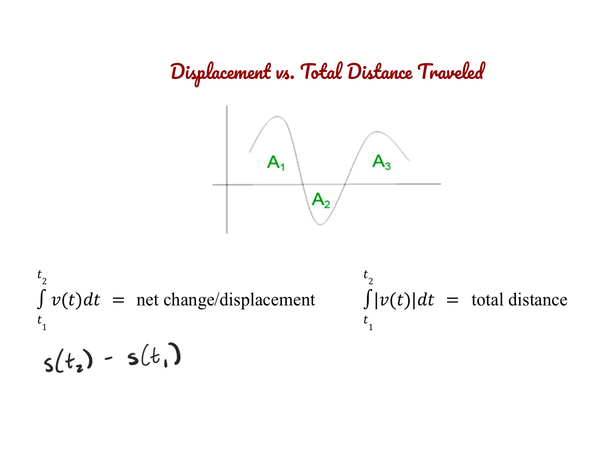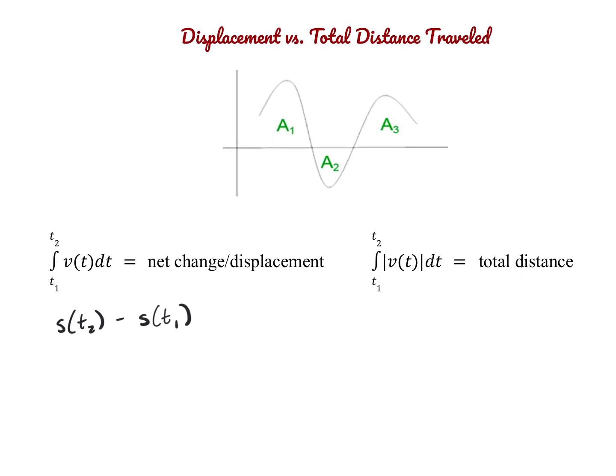If you think about what that actually means, s of t2 would just be our end position, and s of t1 would just be our starting position. So if we're doing our end position minus our start position, that just gives us the net change, or the displacement. Displacement is different from the total distance traveled. Again, it's simply your end position minus your start position.